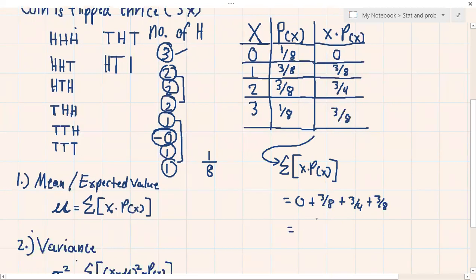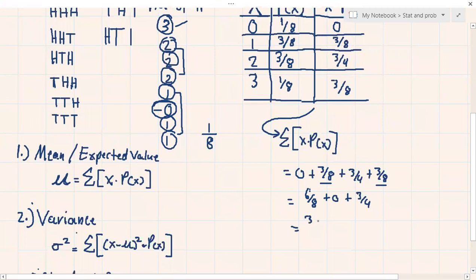Okay? So ipag-combine ko tong dalawa kasi sila similar fractions. 3/8 plus 3/8, this is 6 all over 8 plus 0 plus 3/4. Itong si 6/8, I think na-solve ko na to kanina. This is the same as 3/4.